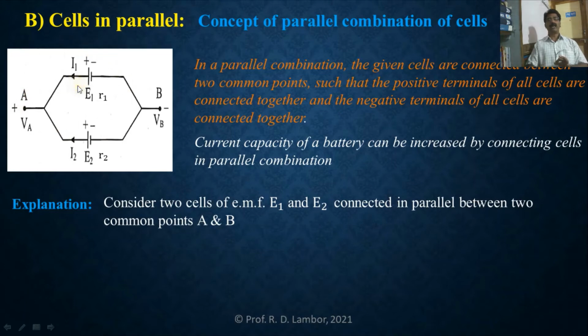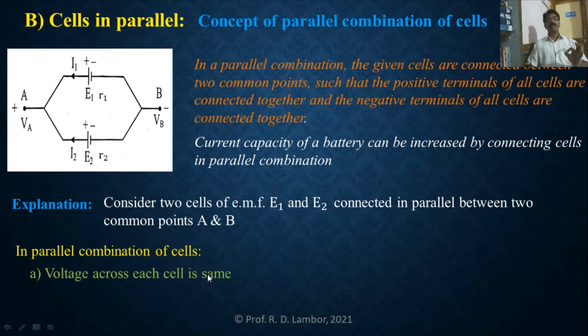As shown in this diagram, the positive terminals of both cells are connected together and given to common point A, and the negative terminals of both cells are connected together and given to another common point B. In this parallel combination of cells, the voltage across each cell is the same. But the current flowing through each branch is different.